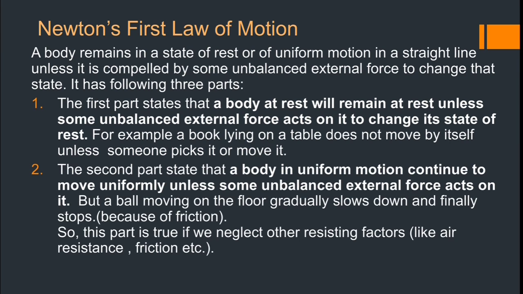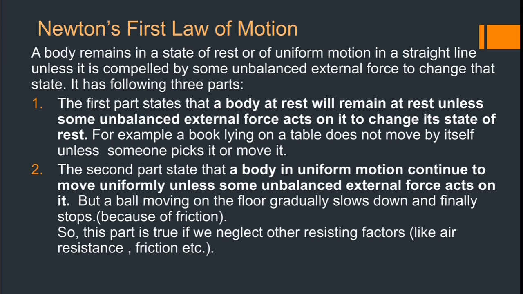Now let us see the second part. The second part states that a body in uniform motion continues to move uniformly unless some unbalanced external force acts on it. Now there arises a doubt. This part states that a body will continue in uniform motion without any unbalanced external force. So is it possible?